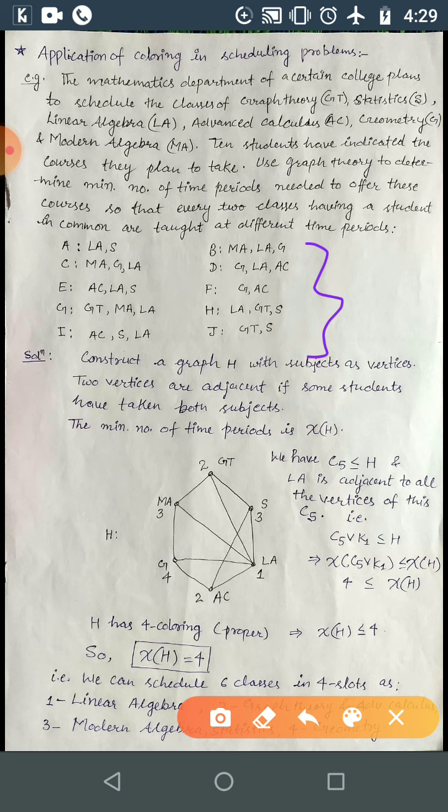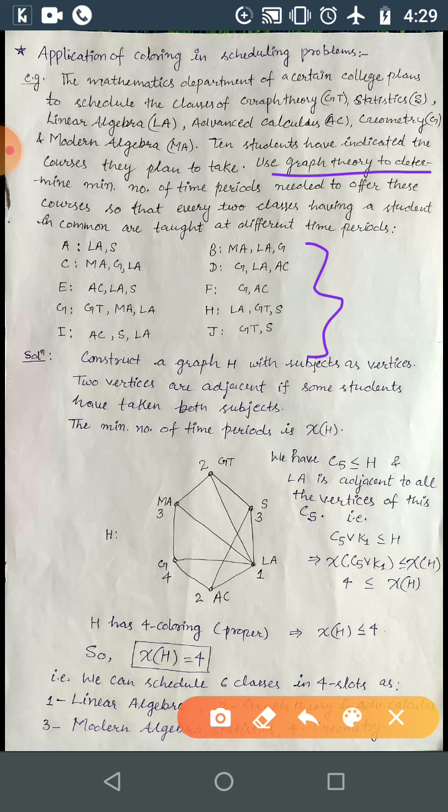You have to use graph theory to determine the minimum number of time periods needed to offer these courses, so that every two classes having a common student are taught at different time periods.